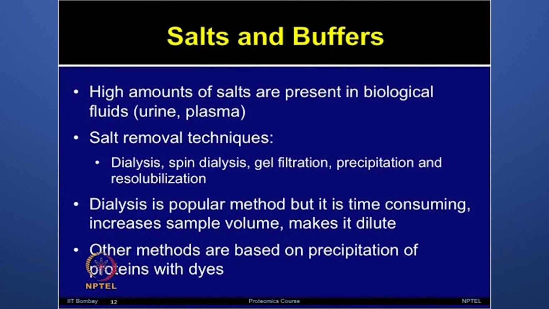Let us first talk about salts and buffers. During your entire processing, you use different types of buffers, and residual buffers are always there which could affect the overall sample preparation. Now, salt is also present due to the nature of the sample itself. For example, biological fluids such as urine, plasma or serum are already very rich in salt content.